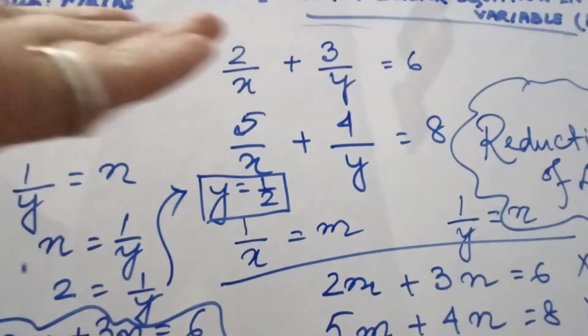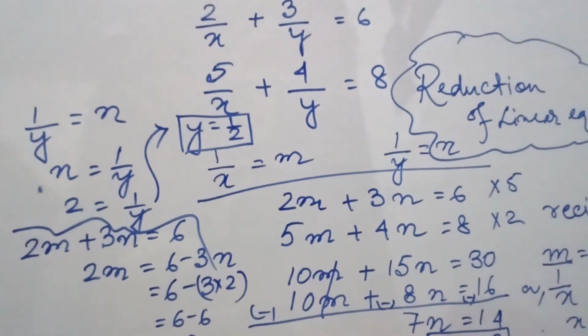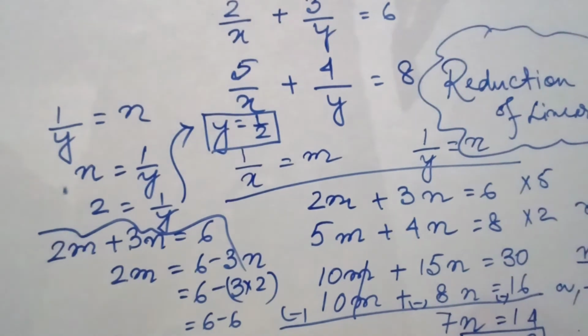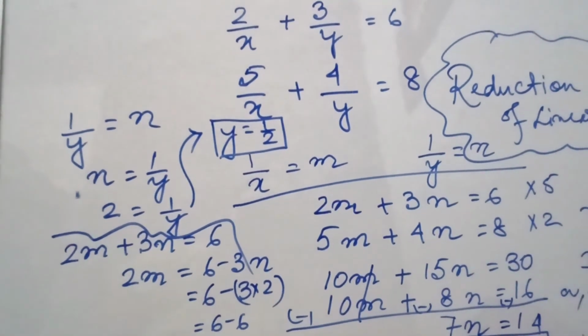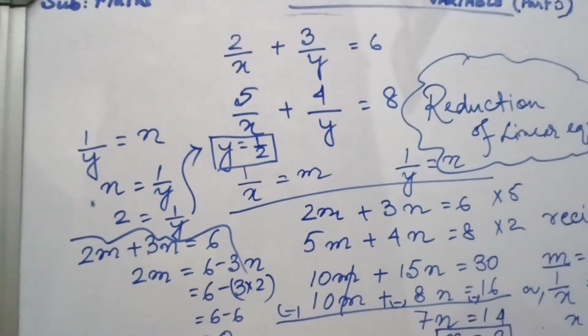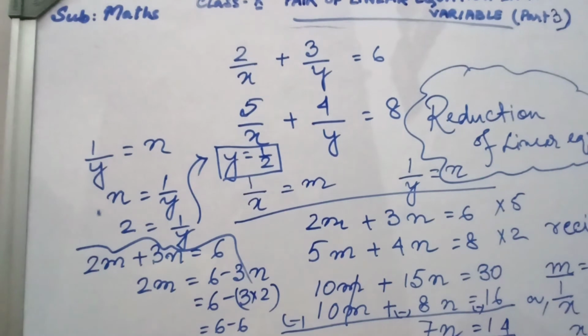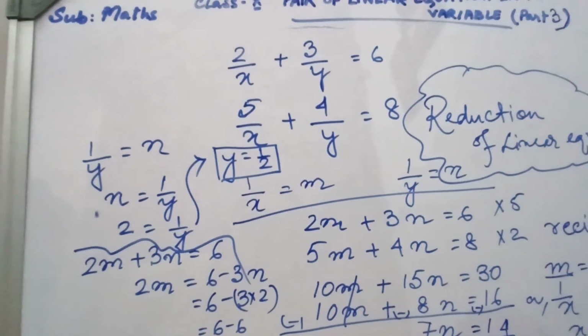Okay, and you will get normal equations and you will solve by any of the methods, and once you get the values you will just reciprocate them, and the reciprocals will give you the required values. Okay, this is what is there for your pair of linear equations in two variables for this chapter. Hope you have understood it.